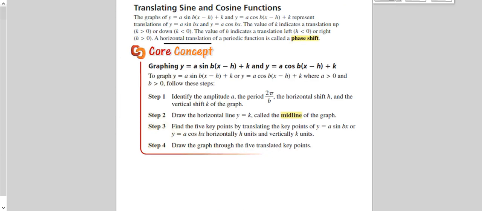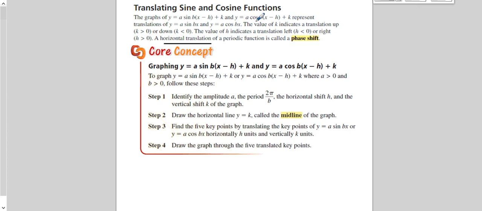All right, now what if we shift it around? We do translations, H and K, H for horizontal, K for vertical, translating sine and cosine functions. The graphs of y equals a times sine of b times x minus h plus k and the cosine graph represent translations of the ones we just did.